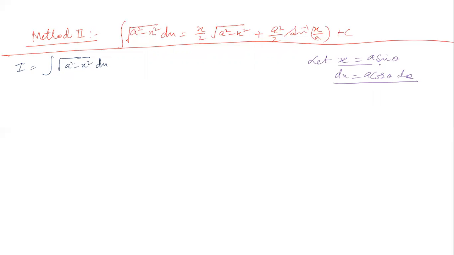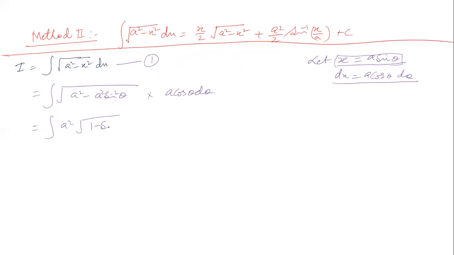Substituting these values here in this equation, say this is 1, we will get the integration of square root of a square minus a square sine square theta, because the value of x is a sine theta, so x square would be a square sine square theta, into dx, that is a cos theta d theta. Taking a square common, it would be square root of a square into 1 minus sine square theta into a cos theta d theta.